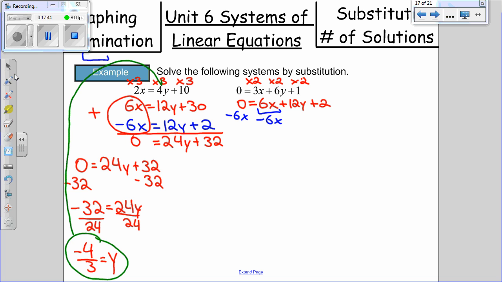So now I have 2x equals 4, and then in brackets, negative 4 over 3, and then it's plus 10. The stuff on the right, you can put all in your calculator, and then math frac it, because that's what you're going to want to do.